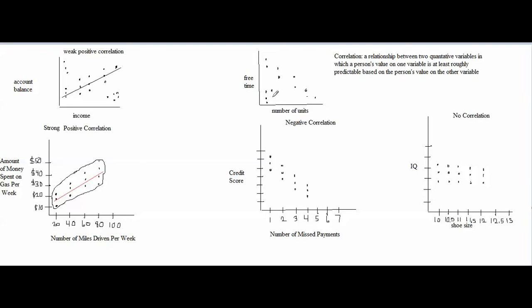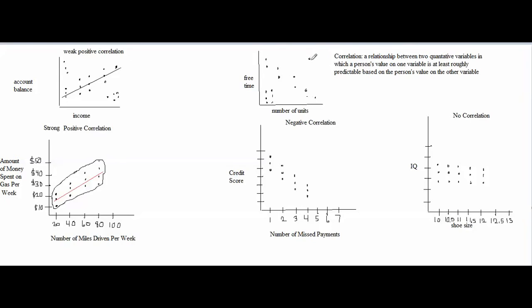So there probably are going to be a lot of people down here in this corner area. We could also have a lot of people up here who are taking a lot of units but still have a lot of free time. Maybe they're taking easy classes, or maybe they just don't do very much studying even though they're taking a lot of units.